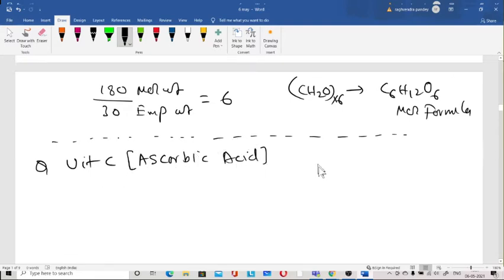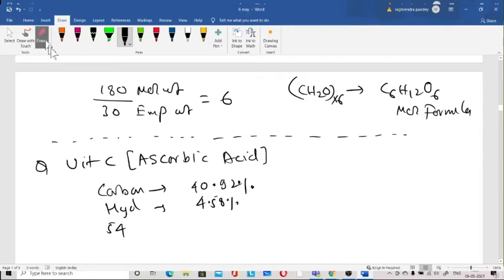So for vitamin C, I am just giving you the percentages. Carbon is 40.92%, hydrogen is 4.58%, and oxygen is 54.50%.